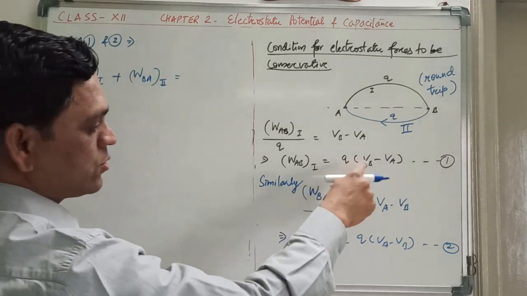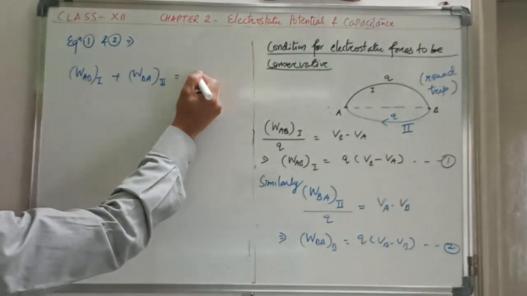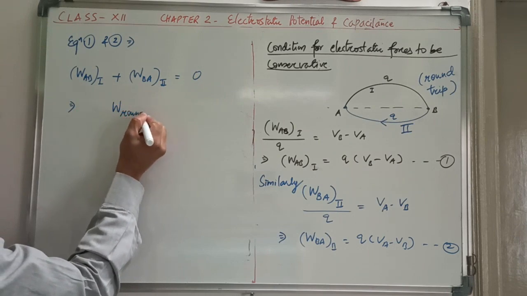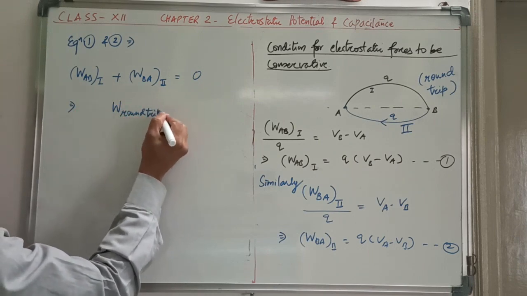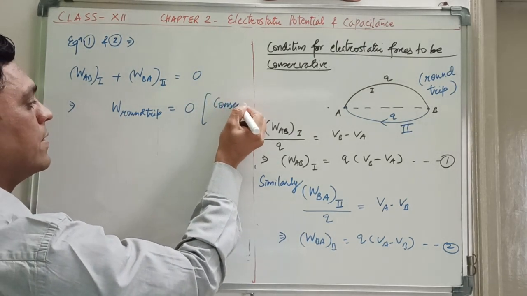If I add these two, then Q of VB and Q of minus VB is going to be 0 here. Then you say work done in the round trip has become 0, and this is the condition for the conservative forces.